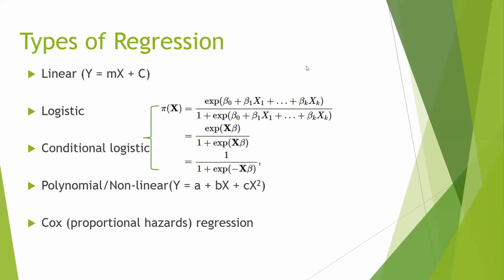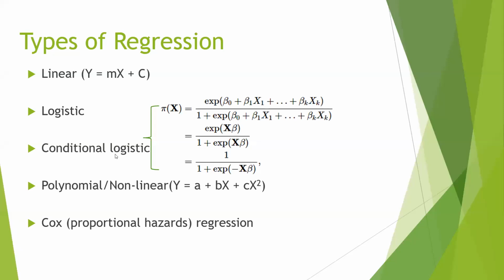It depends on your dependent variable which type of regression you have to apply. If you have a continuous dependent variable, you can apply linear or non-linear based on some assumptions. If you have a categorical dependent variable, let's say case control, treatment, placebo, or gender, then you have to apply logistic.